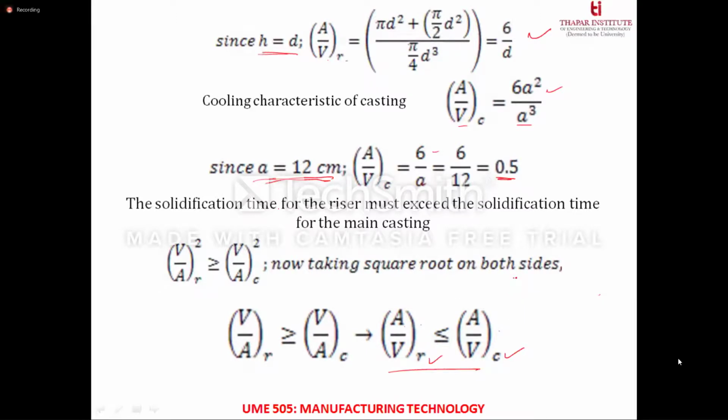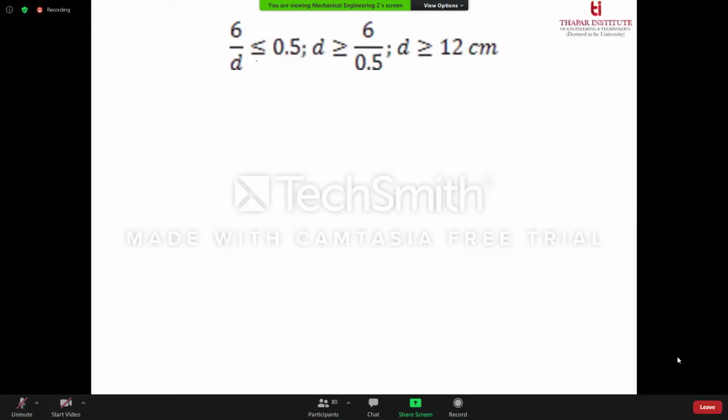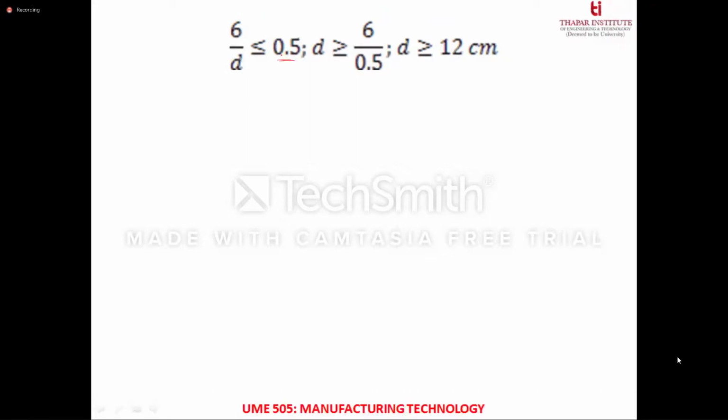So now 6 by D, which was the cooling characteristic of the riser, if you remember, will be less than or equal to 0.5, which is the cooling characteristic of the casting.